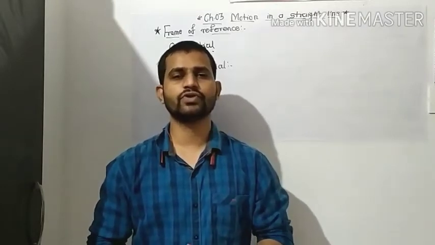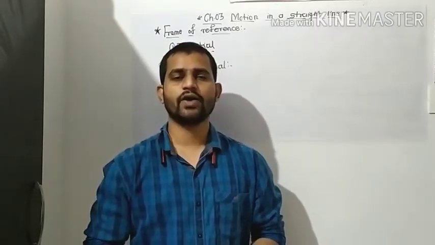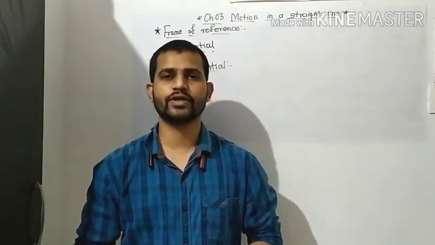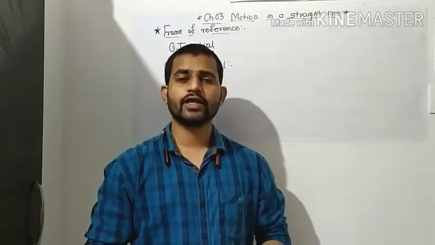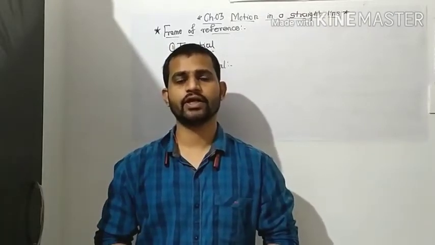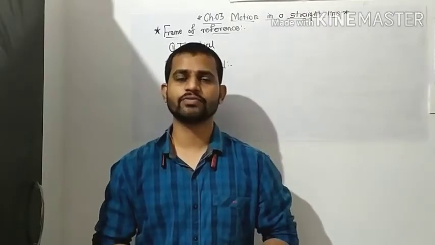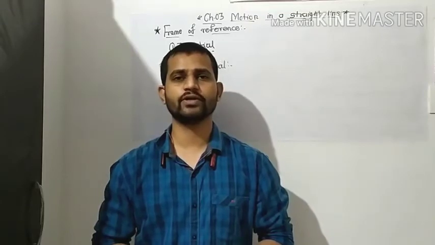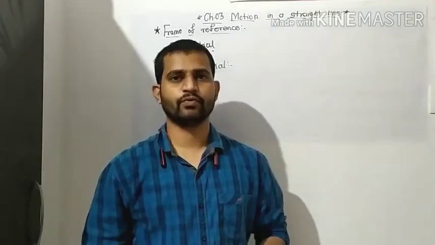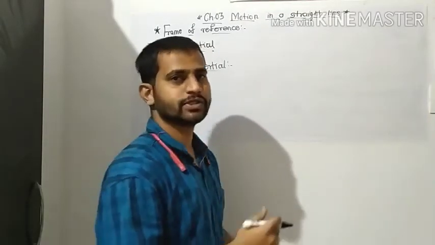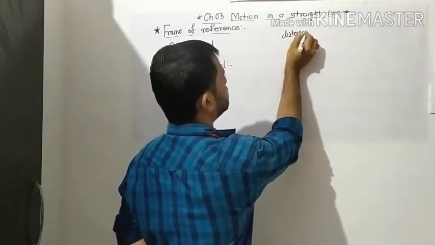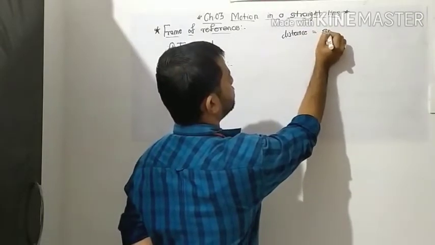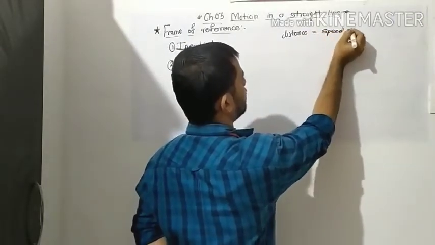Suppose we have one object and we have to cover a distance of 100 km, and the object is traveling at 20 km per hour. How much time is required for that object to cover 100 km? It is simple. We know the formula: distance is equal to speed into time.